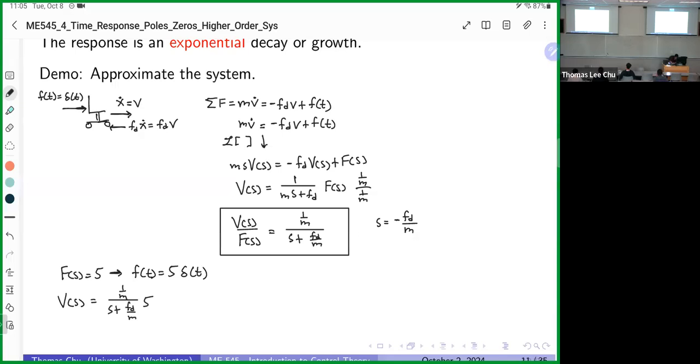If I were to take the inverse Laplace transform of this, I'm going to pull out the constant, which is 5 over m, and then the inverse Laplace transform of 1 over s plus F_D divided by m is just going to be e to the minus F_D divided by m times t. And this is equal to my velocity.